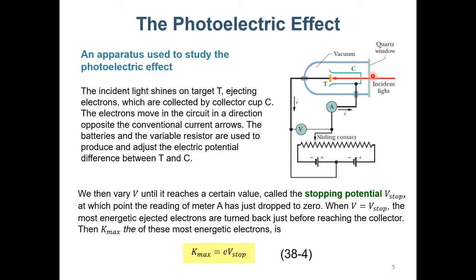But actually here that is not the case. If you just keep the frequency of the light low enough, even though you increase the intensity, it will not generate the photoelectron, and there is no current.